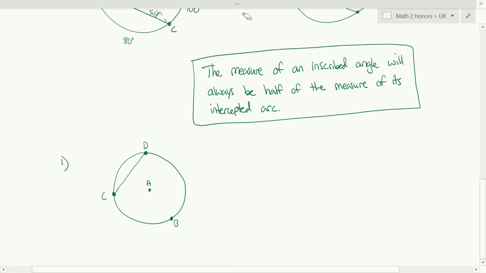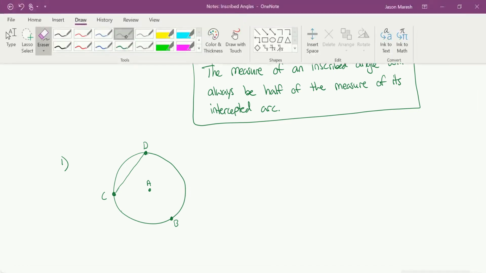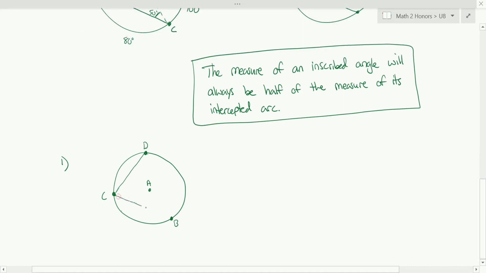I don't want it to look like a diameter. Okay, so I'm going to tell you that the measure of angle DCB is 95 degrees, and I want us to find the measure of angle DAB.